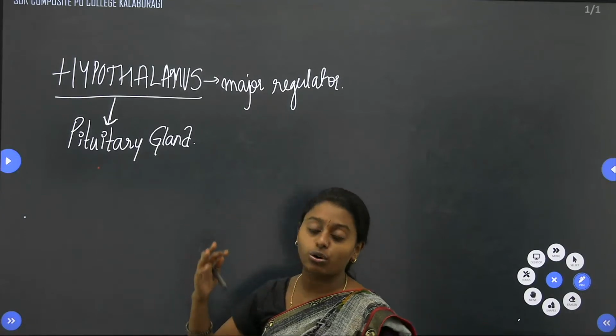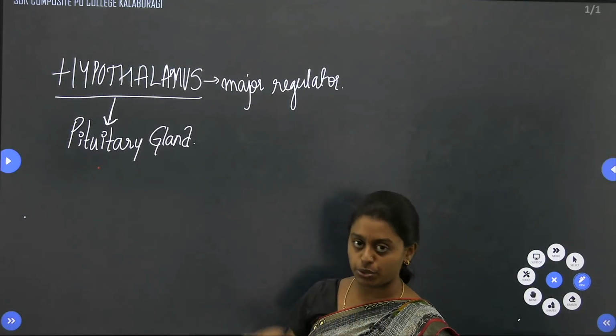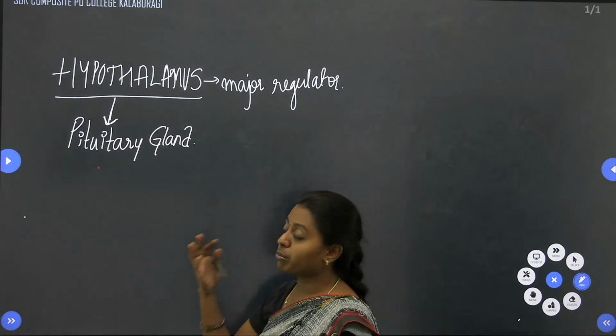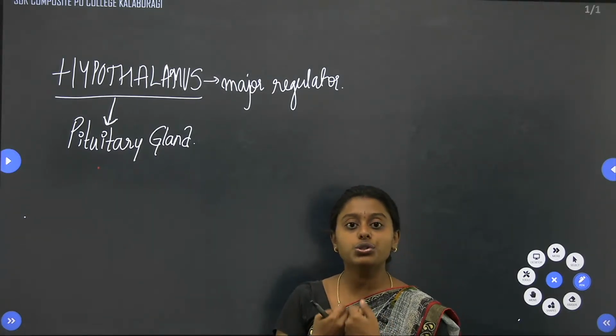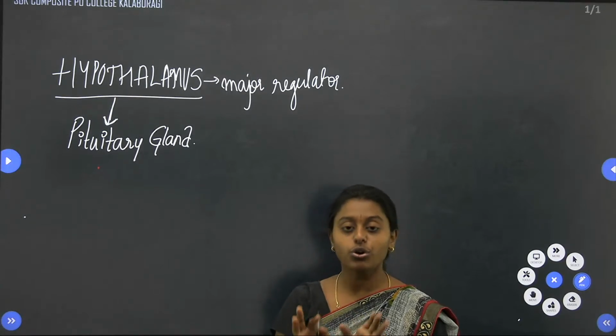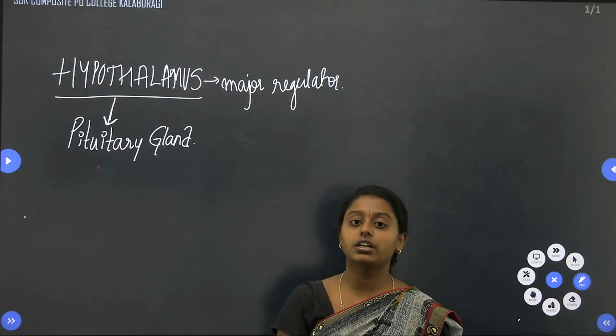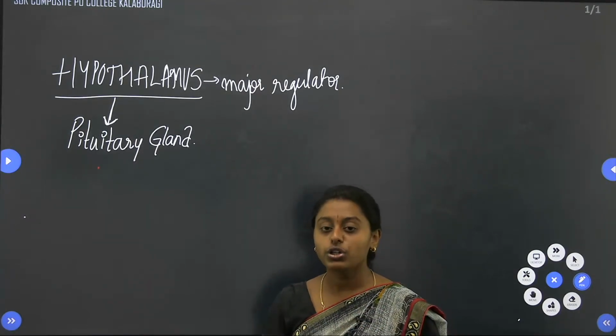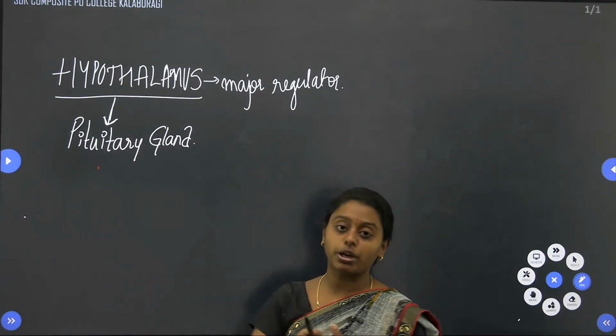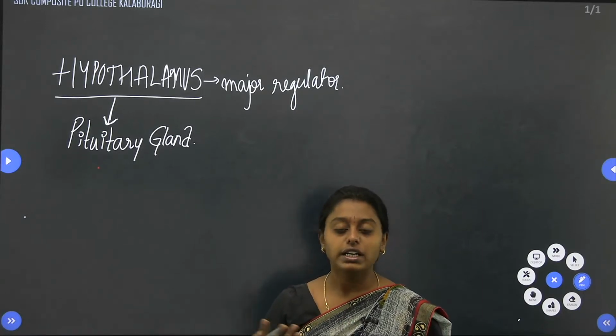The hypothalamic hormone stimulates the pituitary gland either to secrete its hormone or to stop secreting the hormone it has been secreting till now. That is the function of the hypothalamic hormone.